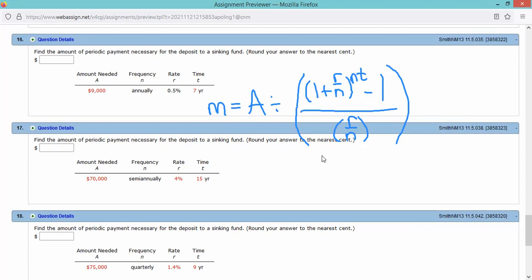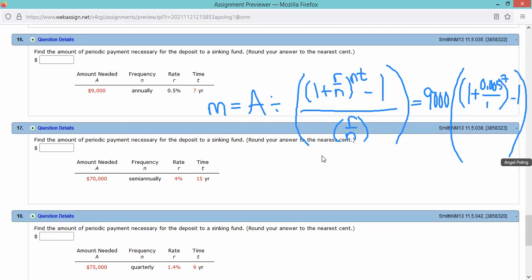Okay, so for 16, we're told that A is 9,000. We have that N is 1. R is 0.5 of a percent, divided by 1, which we don't really need, but just to fill out the formula the way it is.